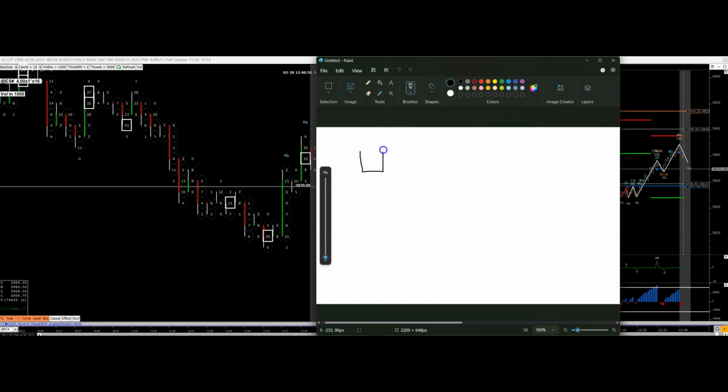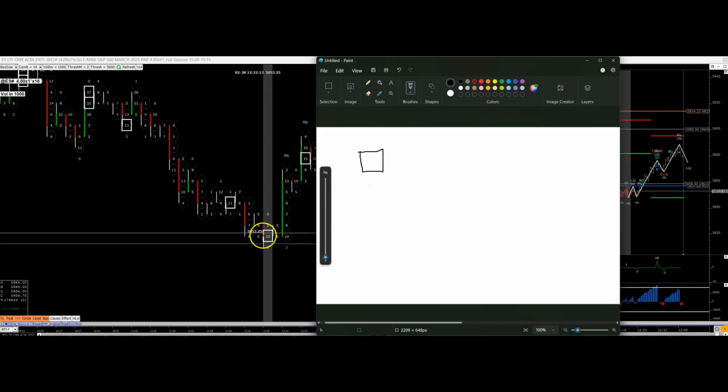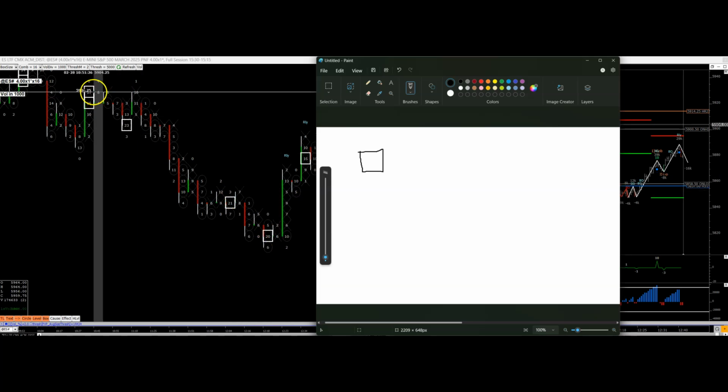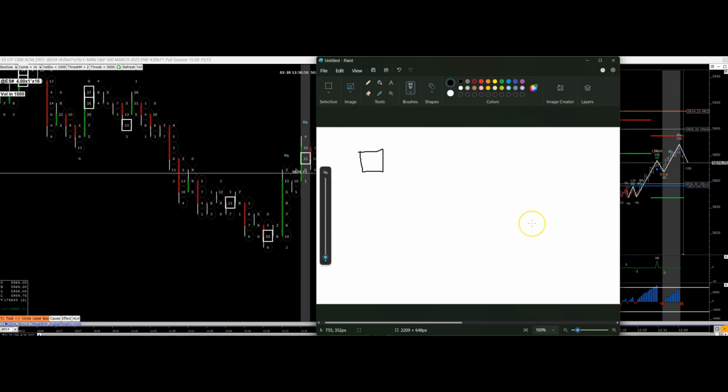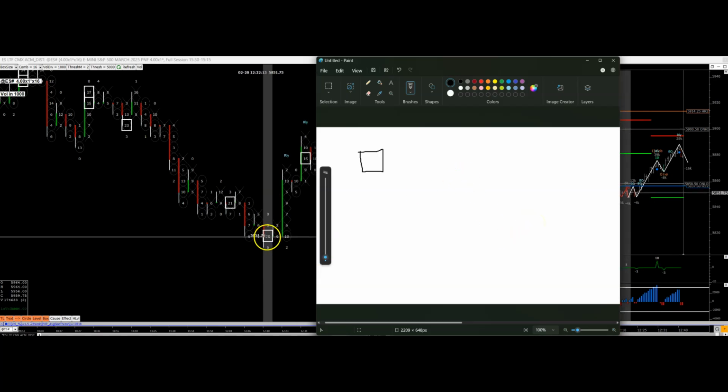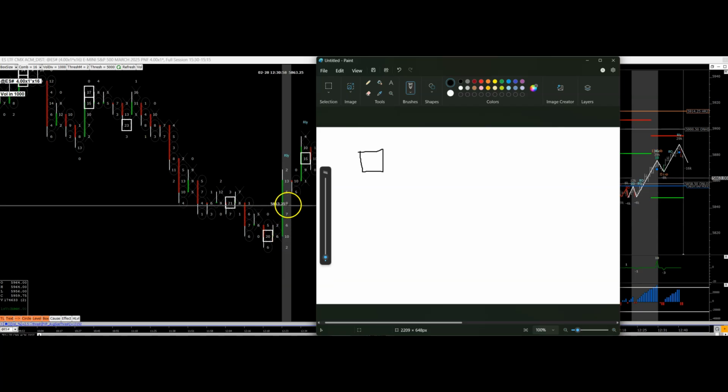So if it's in a white box, and it has a number in it, that means that the volume is high. Okay? So these white outlines have identified high volume activity. So what do we look for after that? Like after this 20, we look for this ease of movement bar.